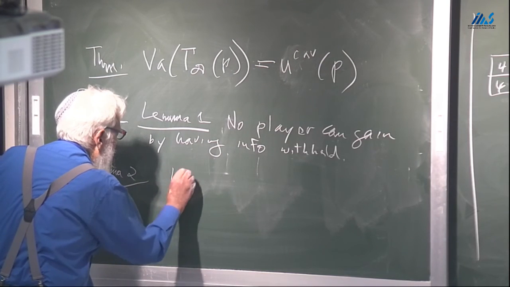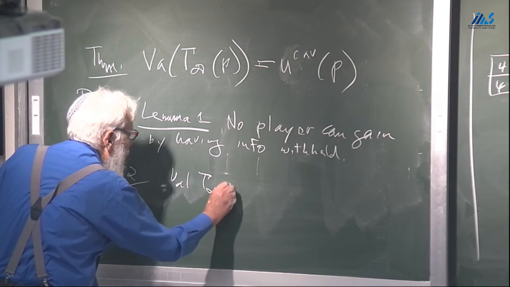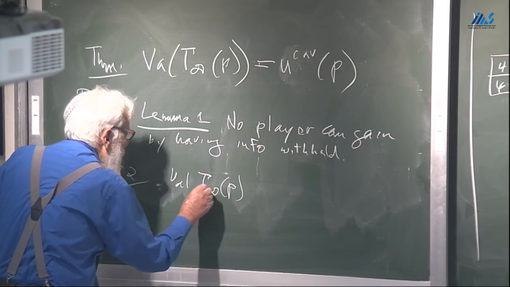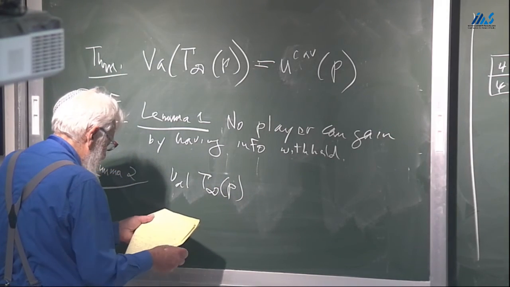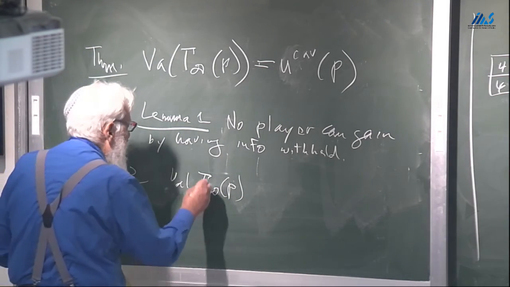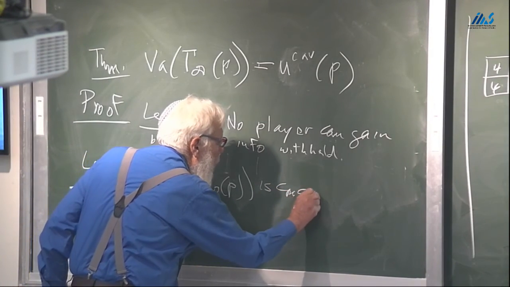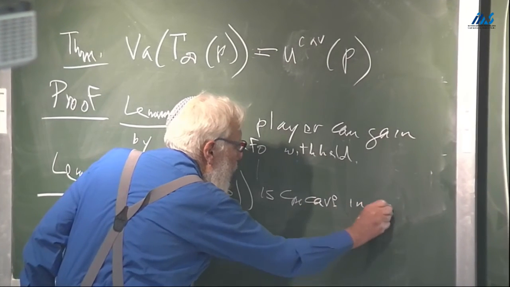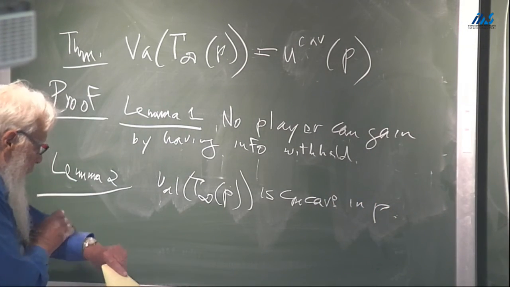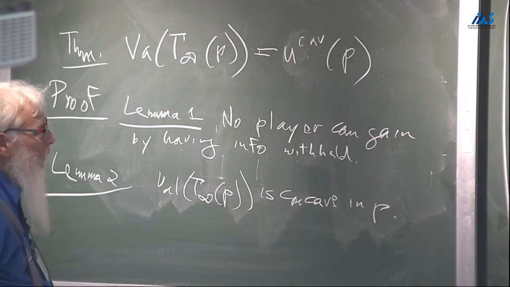Val gamma infinity of p is concave. All right. How do we prove that?